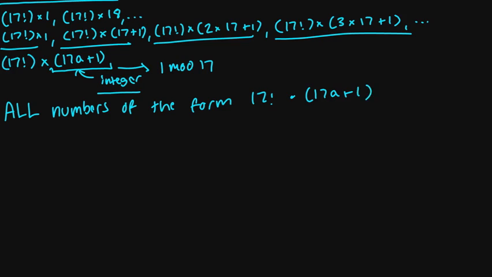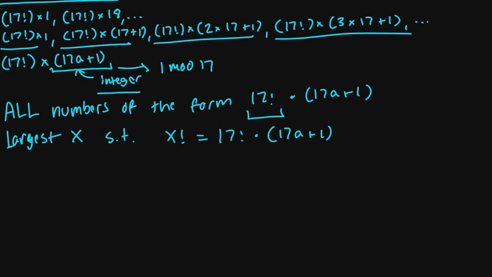And so for now we can factor out 17 factorial. We want to find the largest x such that x factorial equals 17 factorial times 17a plus 1.